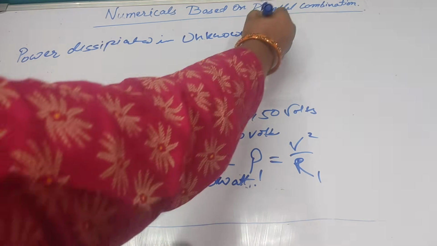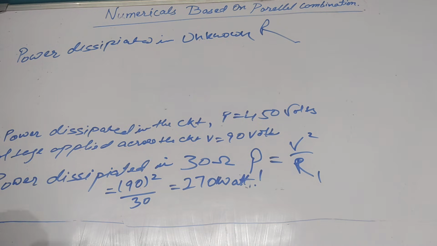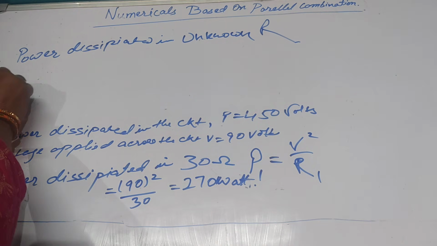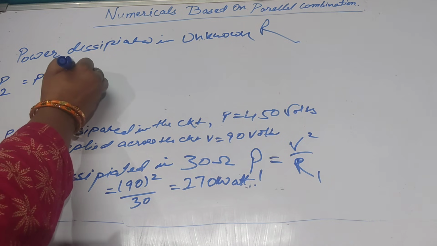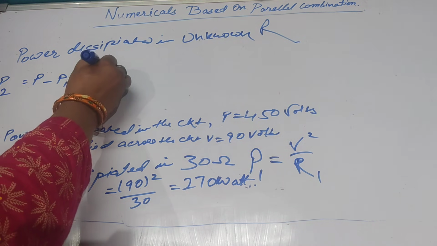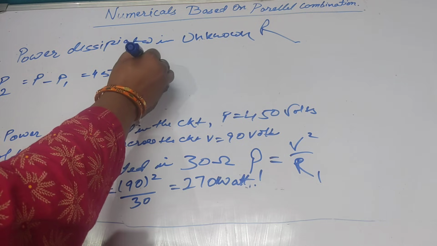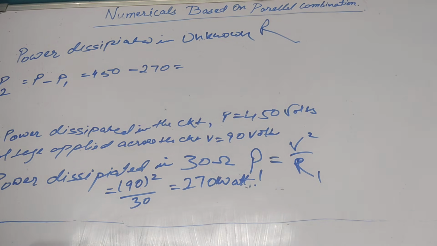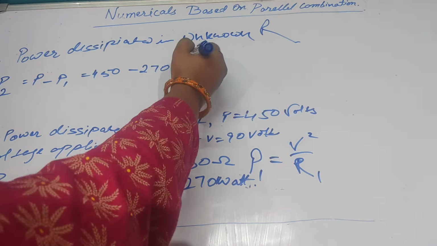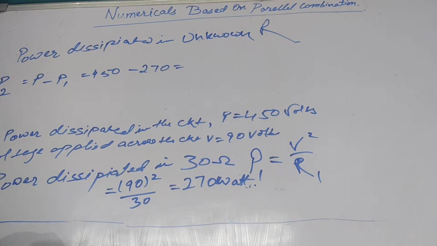Okay, so what will come? P is already given 450. Previously I have written over there the values.